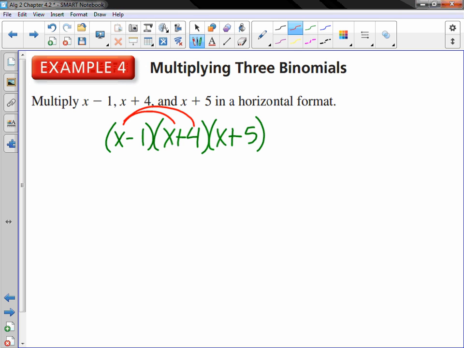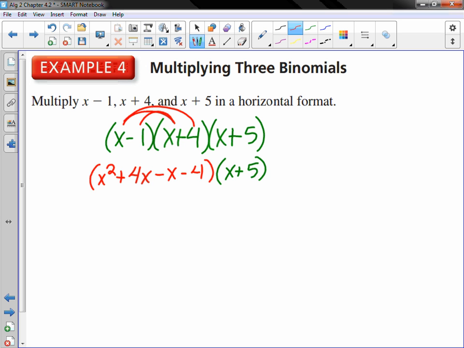X times x would be x squared. X times 4 would be 4x. Negative 1 times x is negative x. And negative 1 times 4 is negative 4. Any questions on this so far?